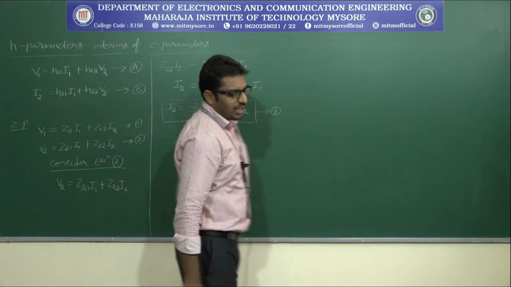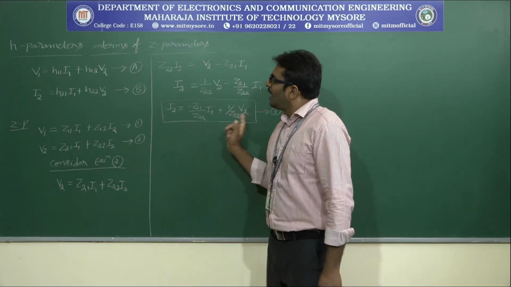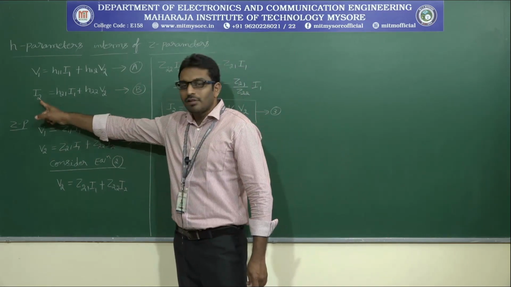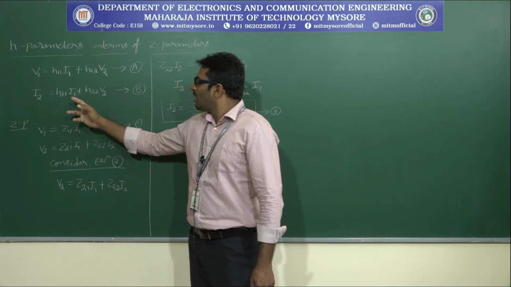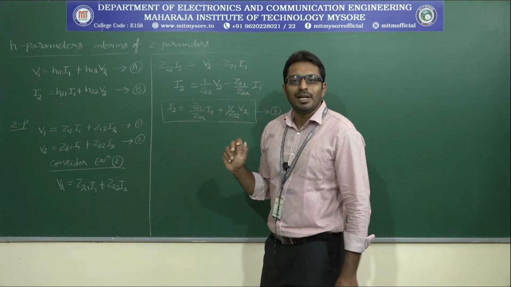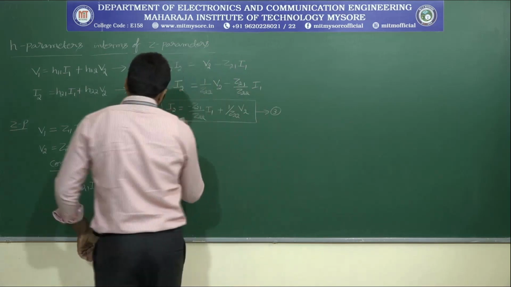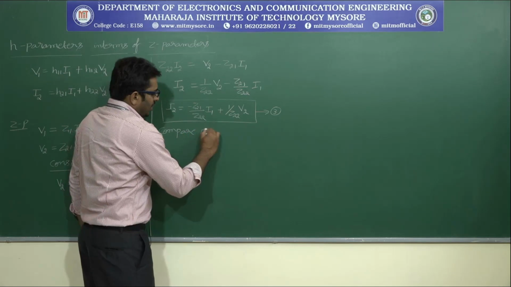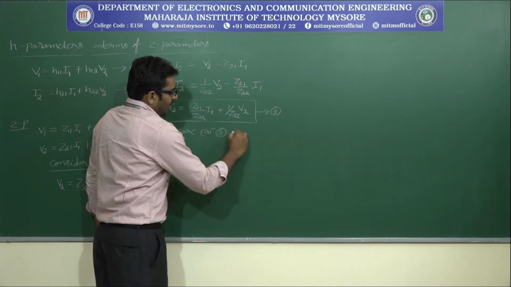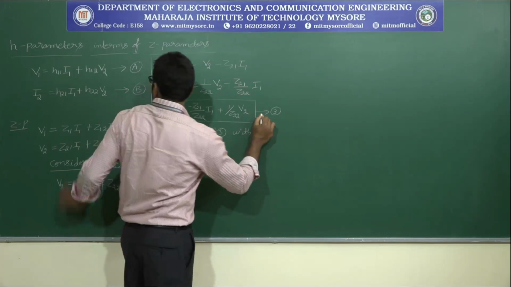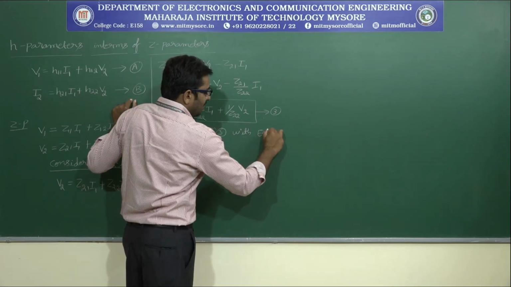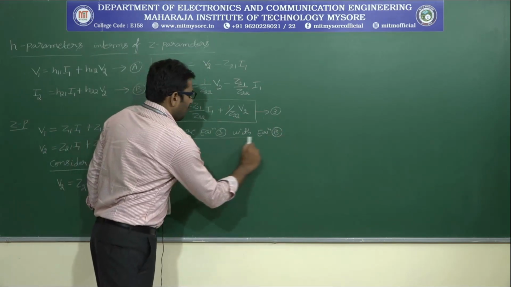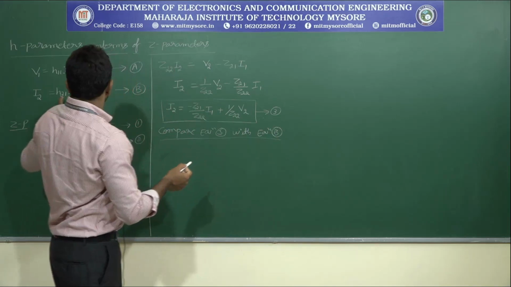See, now we can compare this equation 3 with equation B, because in both equations I2 is the dependent variable, whereas I1 and V2 are independent variables. Therefore, compare equation 3 with equation B. By comparing equation 3 with equation B, what is H21?